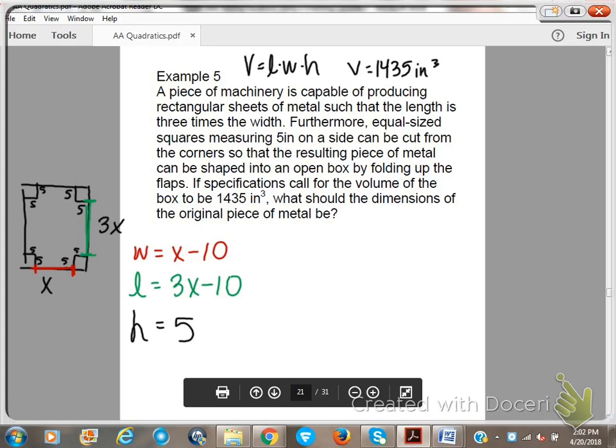All right, so in our volume equation, right up here, we'll say 1,435 equals parentheses 3x minus 10, parentheses x minus 10, and 5. Yes, we could solve this by hand. How else could we solve it, though?